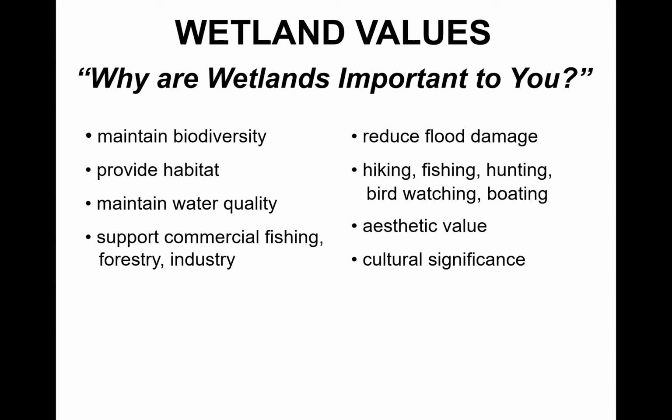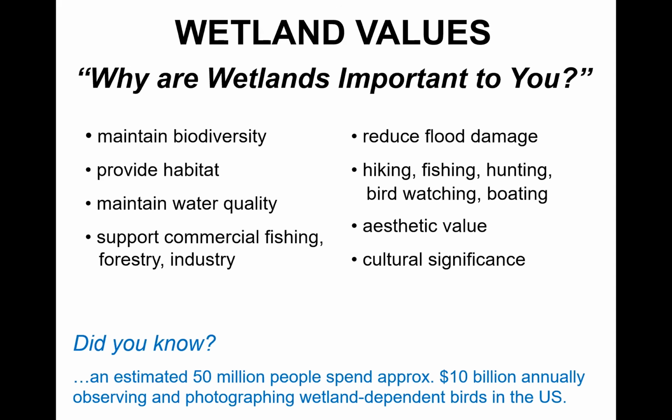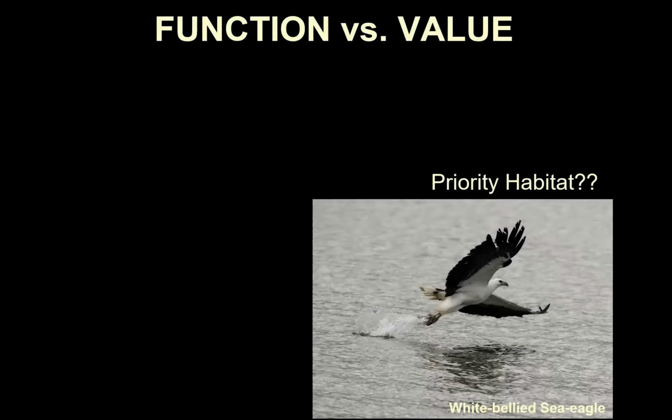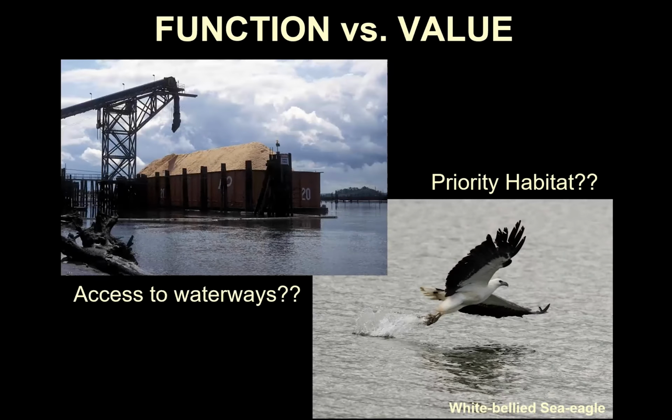There might be cultural significance that is important to us. And so there's this concept of wetland values that must be brought in to a discussion of wetland functions. Are you interested in wetlands in providing priority habitat for endangered species? Or are you interested in wetlands providing, say, access for industrial purposes?